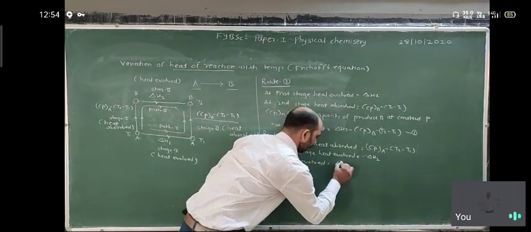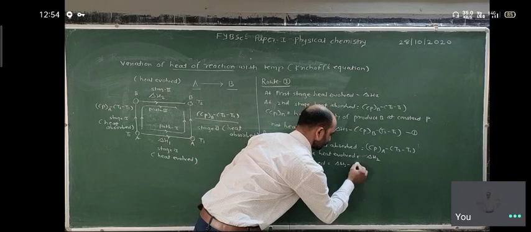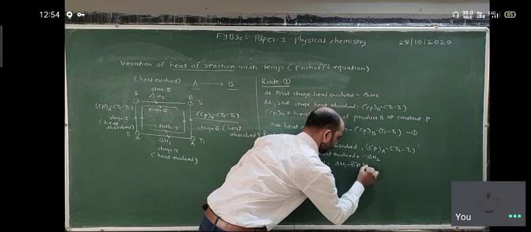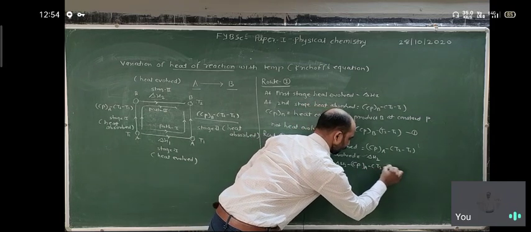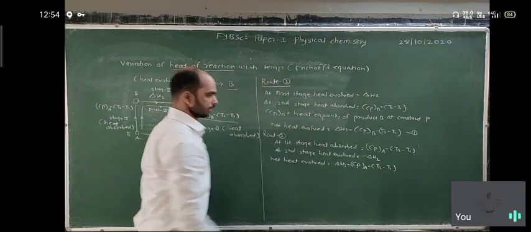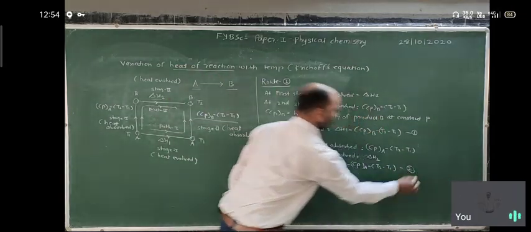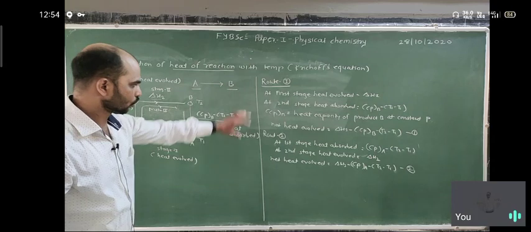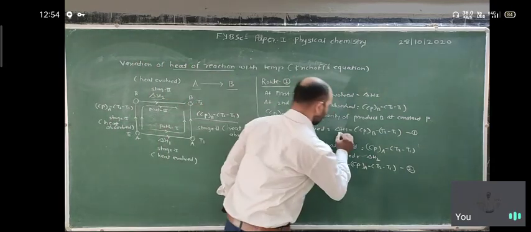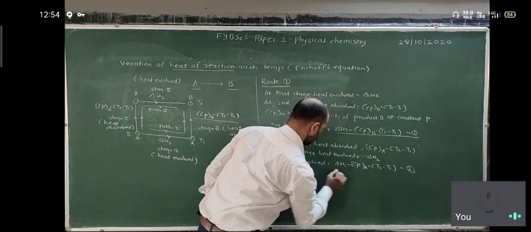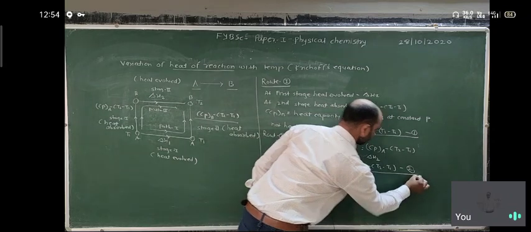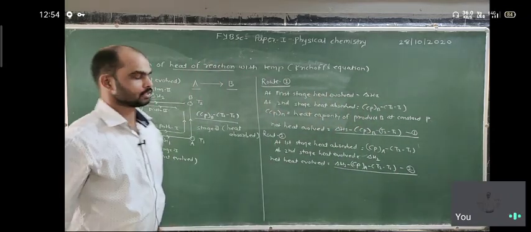So delta H2 minus CPA times (T2 minus T1). We get the second equation. So for route 1, the net heat evolved is equal to this one. For route second, the net heat evolved is the second one.